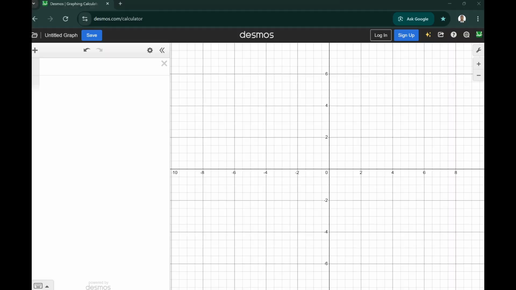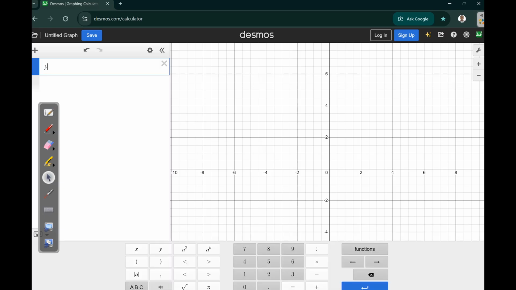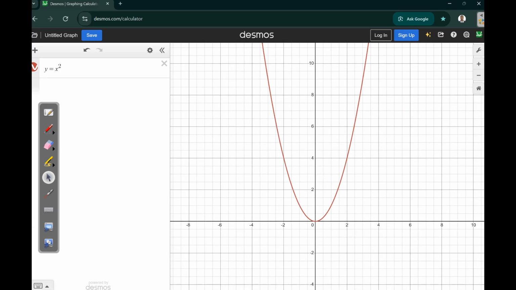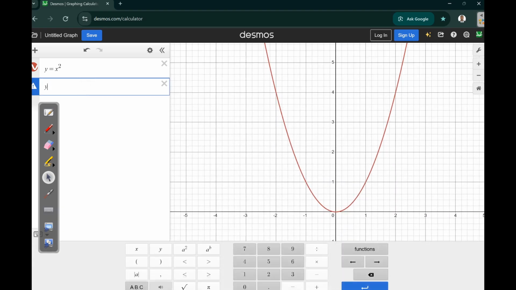Now, if I come to this graph here and say, let's say we are having y is equal to, let me use x squared. This will be the graph here. And then we say y is equal to, let's say inside here we put 2x. So instead of the x, now I write 2x.